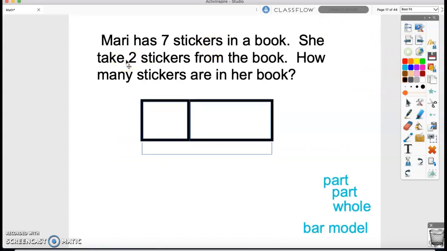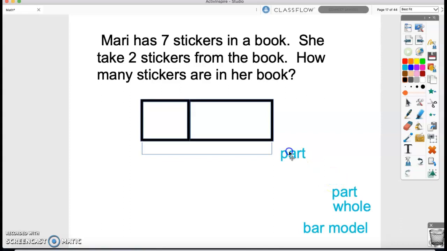Let's read the story. It says, Mari has 7 stickers in a book. She takes 2 stickers from the book. How many stickers are in her book? So we can model our subtraction problem by using a bar model.